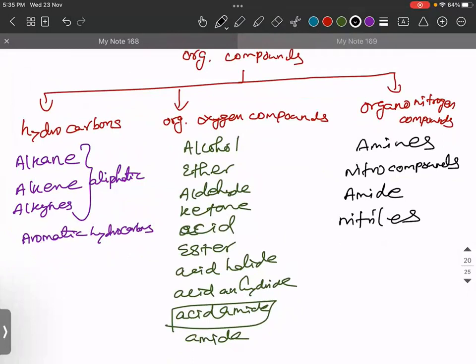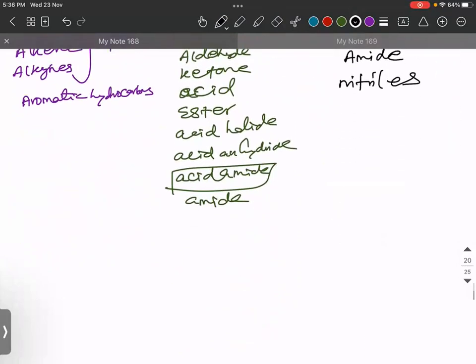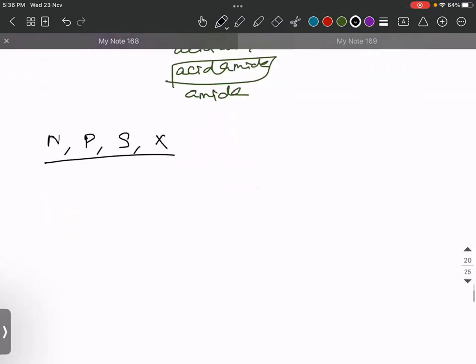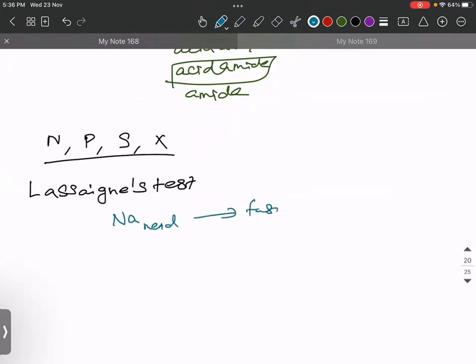Now you have the compound, and whether the compound contains special elements like nitrogen, phosphorus, sulfur, halogen, you can estimate using qualitative analysis. In qualitative analysis, we have the Lassaigne test. In the Lassaigne test, you take a small piece of sodium metal in the fusion tube.